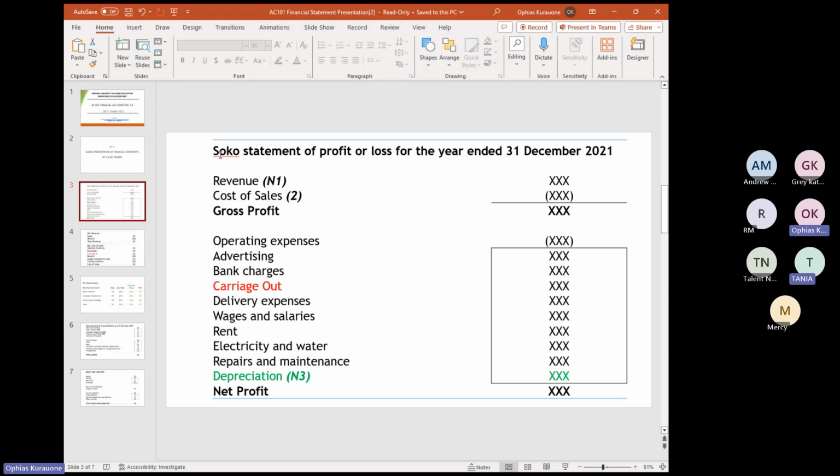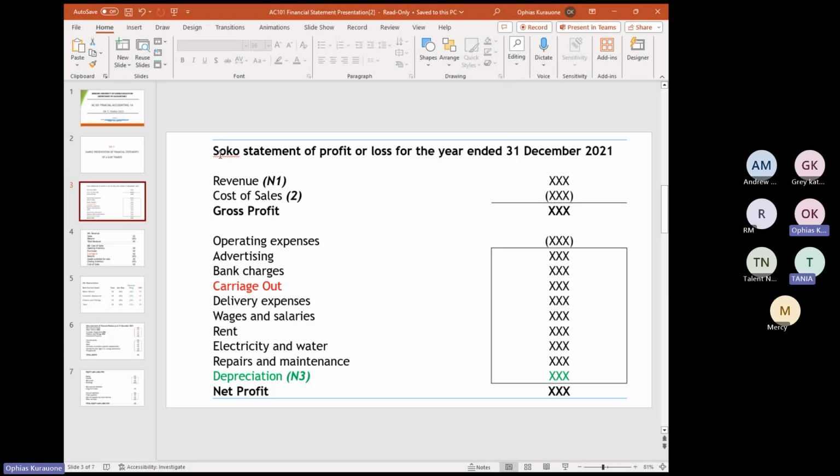When we prepare the trial balance, the information on the trial balance plus the related notes is going to be transferred to the next stage of preparing the statement of profit or loss, or statement of comprehensive income.